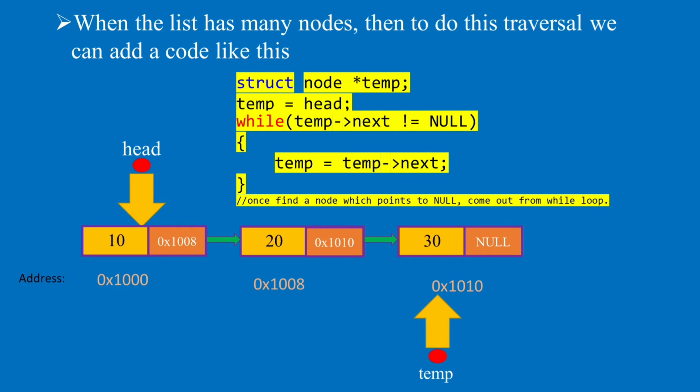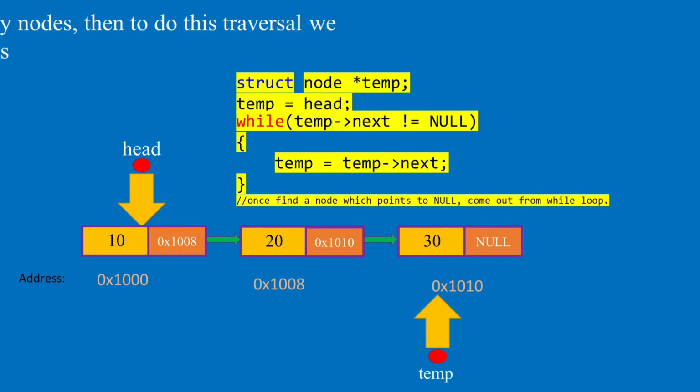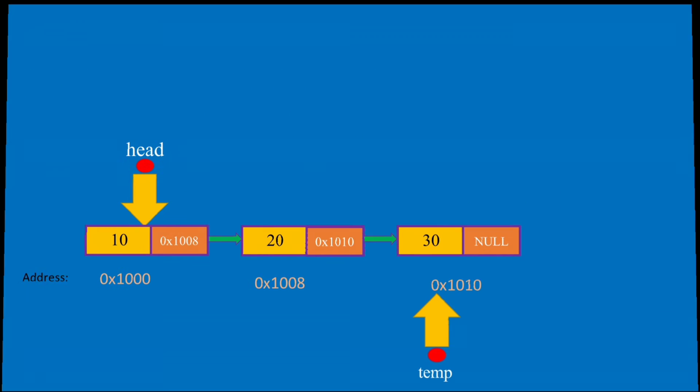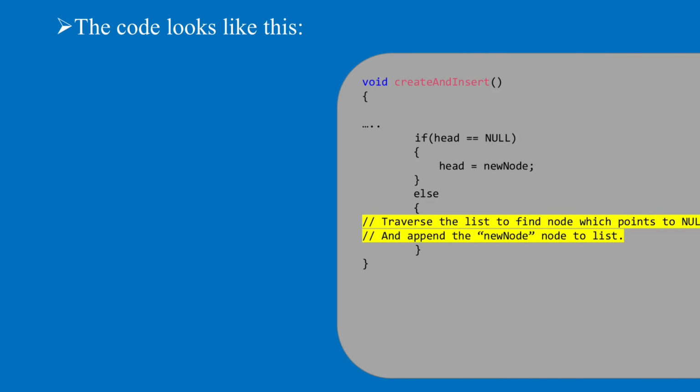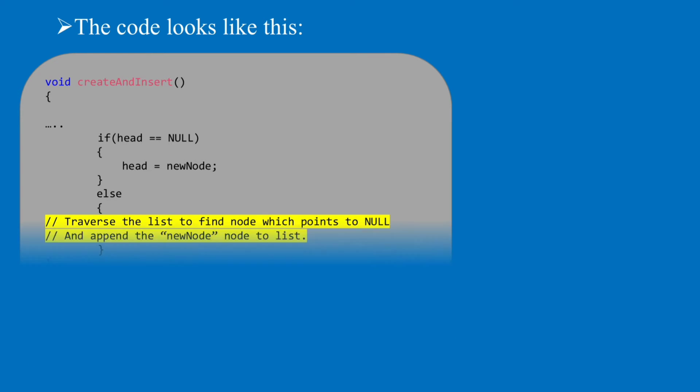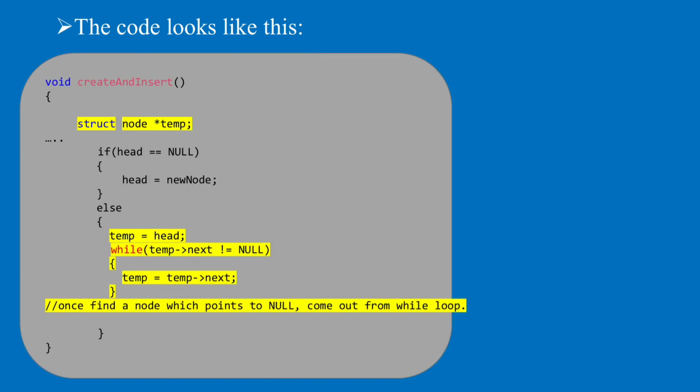And once we find a node which points to null, come out from while loop. Now, the code looks like this. In the else part, add previously implemented code.